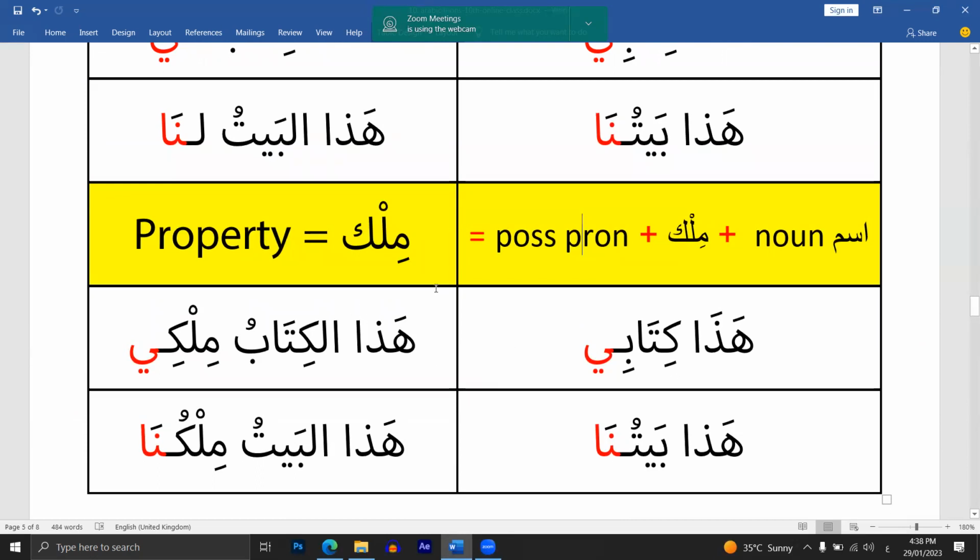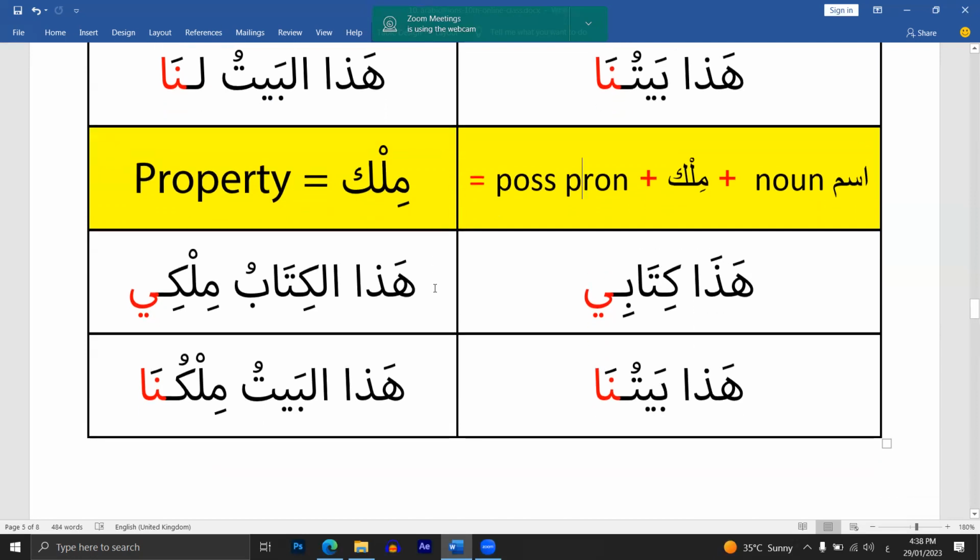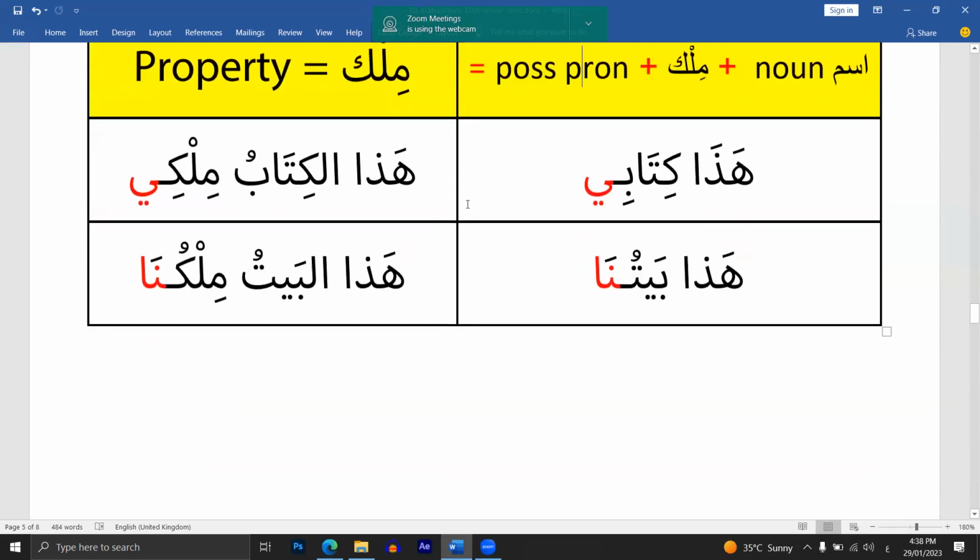Can it take fatha? I don't think it can take fatha. So here, kasra and dhamma? I think هذا الكتاب ملكي, ملكنا, ملكك. Yes, it is ضمة and كسرة.